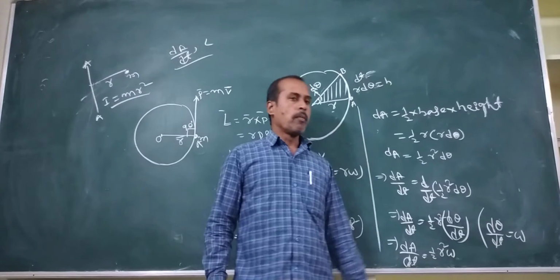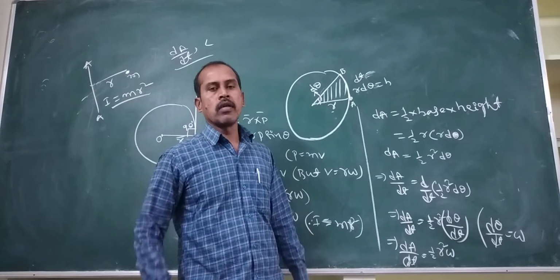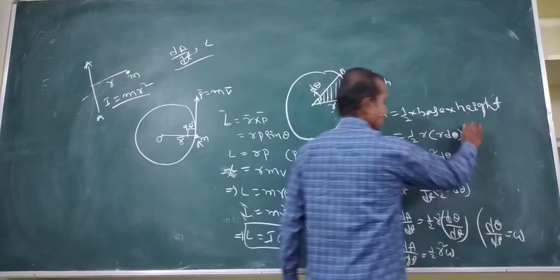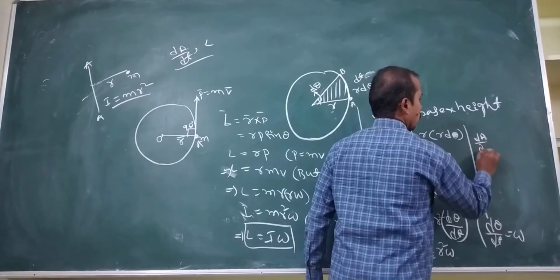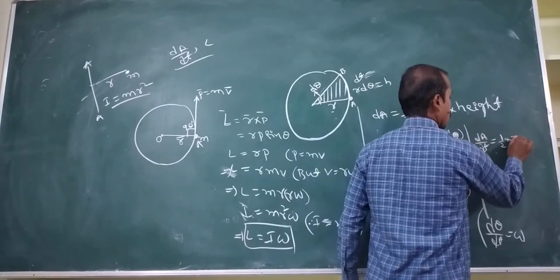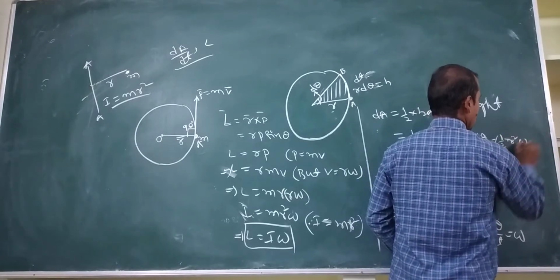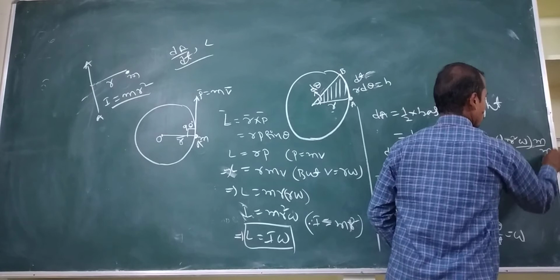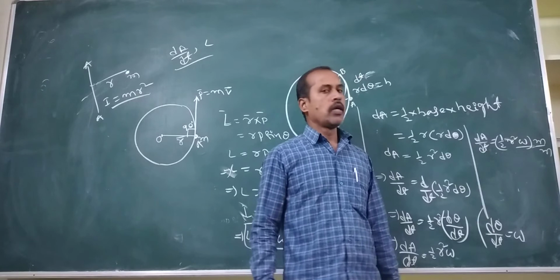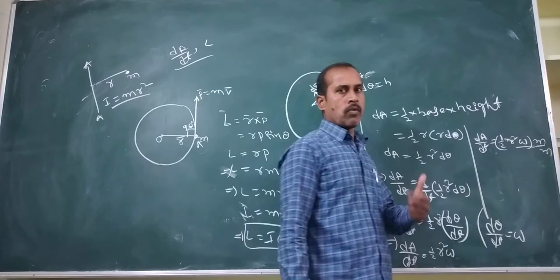In this equation, multiply and divide by the mass of the rotating particle.